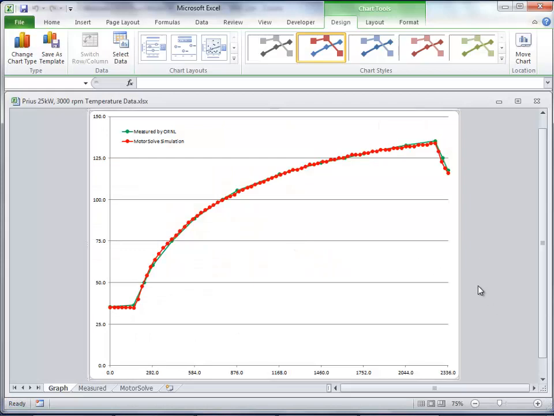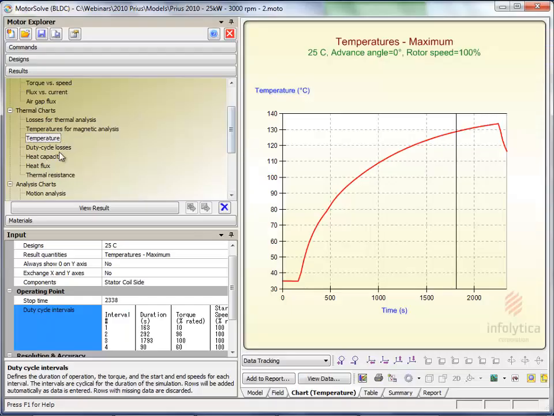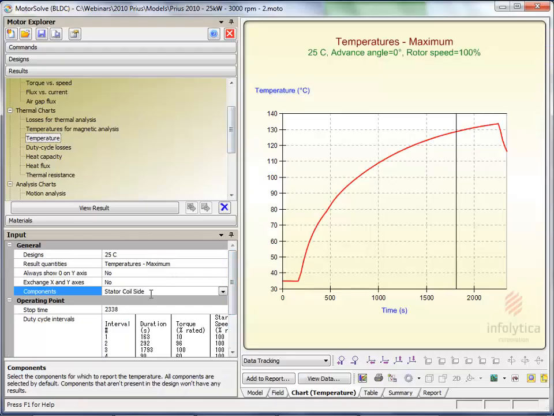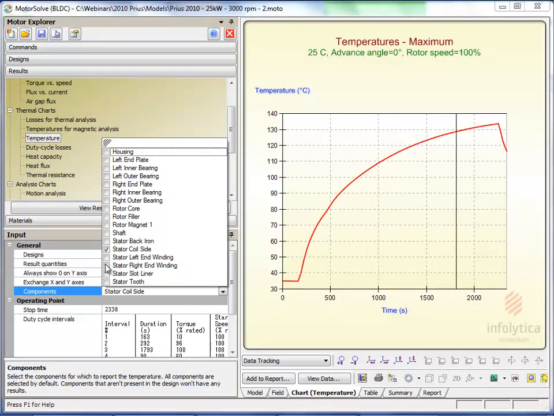And here you can see I've plotted the measured values for the winding by the Oak Ridge National Lab in green, and in red the MotorSolve simulation. And you can see that the values track very nicely throughout the entire solution region. And now we've chosen to do this on just the coil as an alternative.